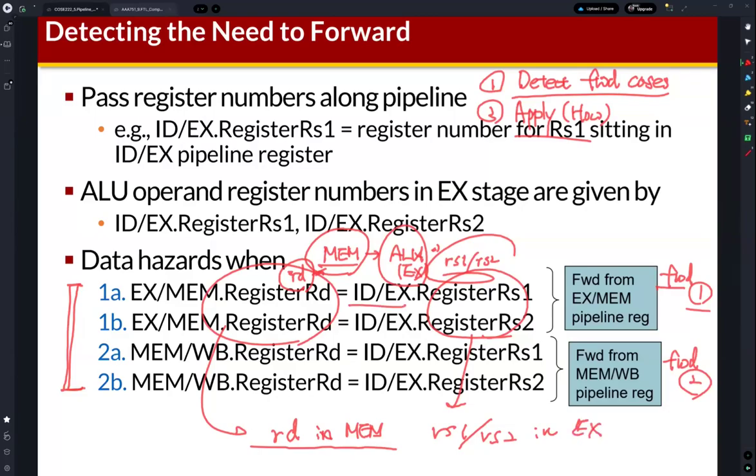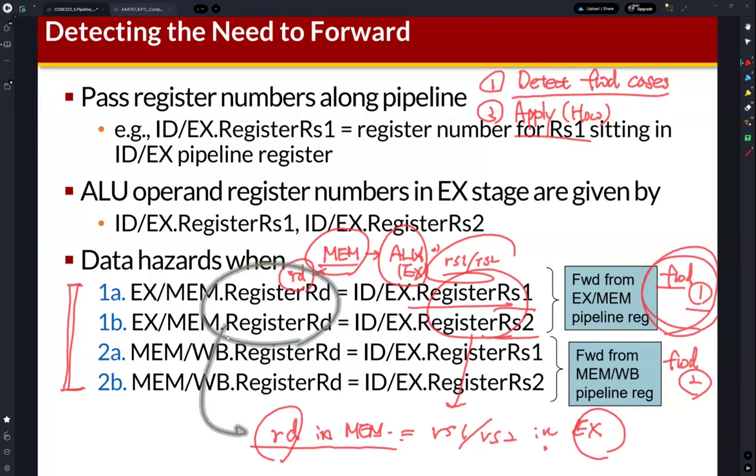So this is the pipeline register, and this means that it's the output of a pipeline register. So we can just think that this is the RS1 and RS2 in the EX stage. So if this RD is equivalent to the RS1 or RS2 of the EX stage, then we can think that, oh, this is the forwarding case, which is forwarding case 1, right?